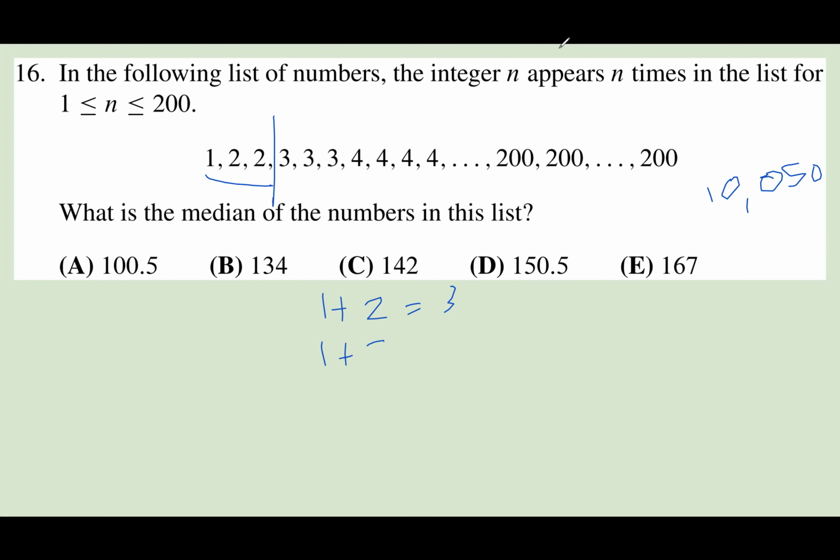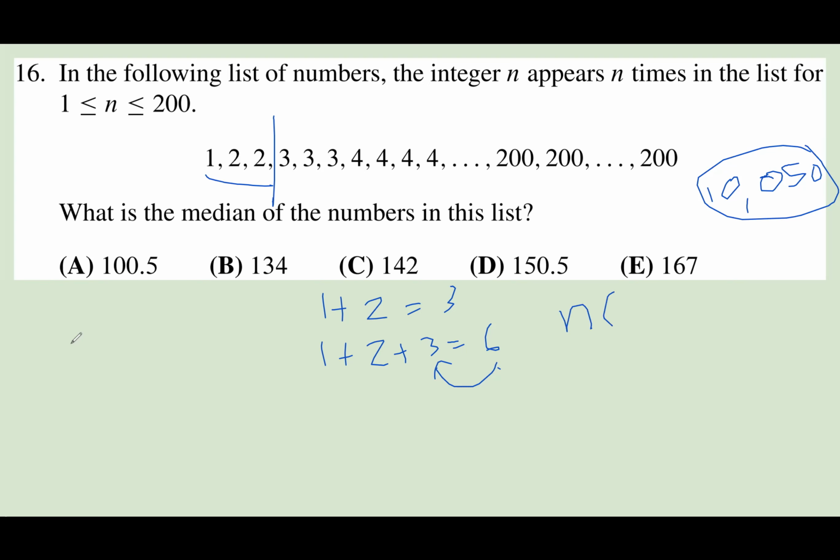And then if we do 1 plus 2 plus 3, we get 6. That tells us that the sixth number is a 3. The seventh number would be a 4. So we need to find out what number n would result in having something that's 10,050 or higher.